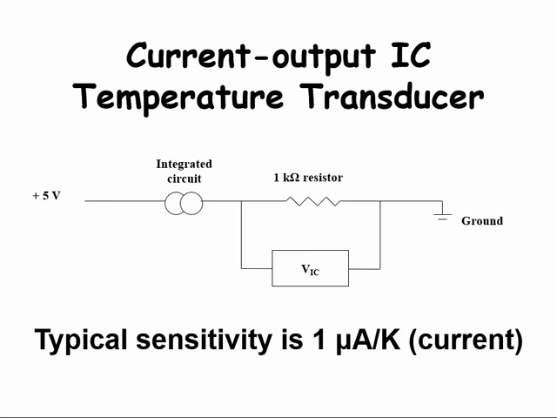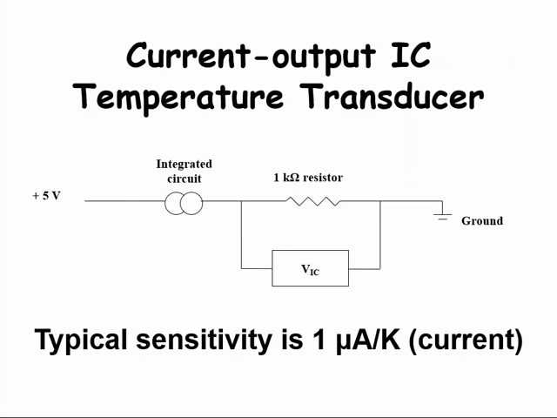As with RTDs and thermistors, we need to convert the signal into a voltage change that we can measure. We do this by adding a known resistance in series with the integrated circuit temperature transducer and measuring the voltage drop across the known resistor.